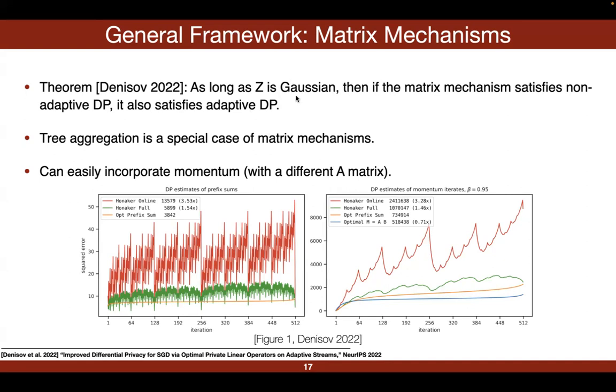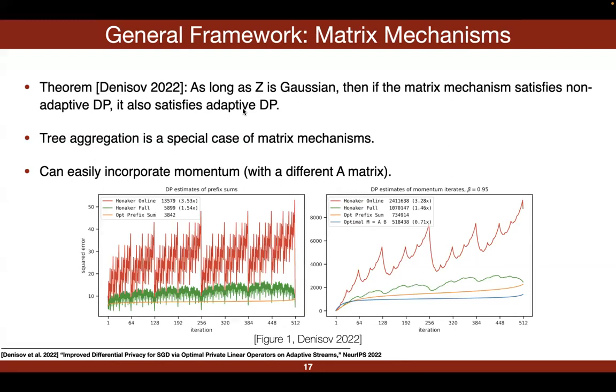I have a question. So for the sentence that says if the matrix mechanism satisfies non-adaptive DP, it also satisfies adaptive DP, does that mean whether this matrix mechanism is adaptive or not depends on how we factorize the matrix A?